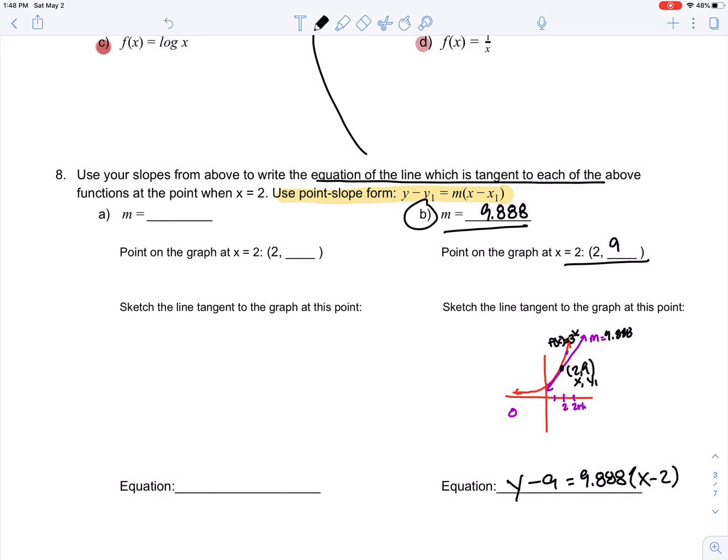You can always go back and check it. If I want to type this into the graphing calculator, I would bring the y over to the other side. You don't have to do that, you can say this is your answer, but to check, I would do 9.888 times x minus 2 plus 9 to see if it looks like a tangent line.